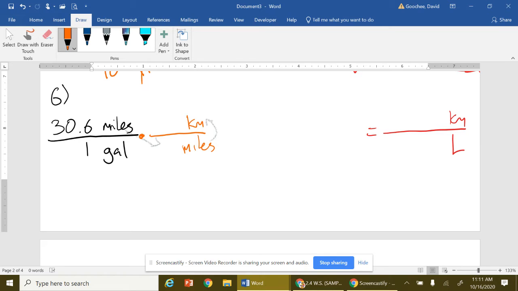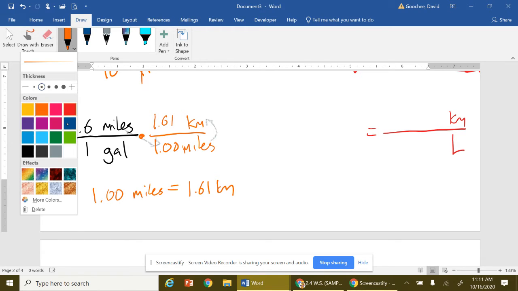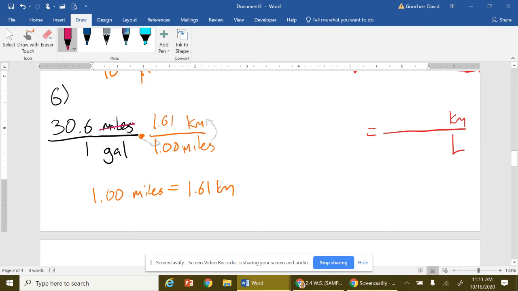So if you can find it somewhere else in this worksheet, like say problem number 1, it still holds. It's still true. And according to problem number 1, 1.00 miles equals 1.61 kilometers. Now, we've gotten rid of miles.